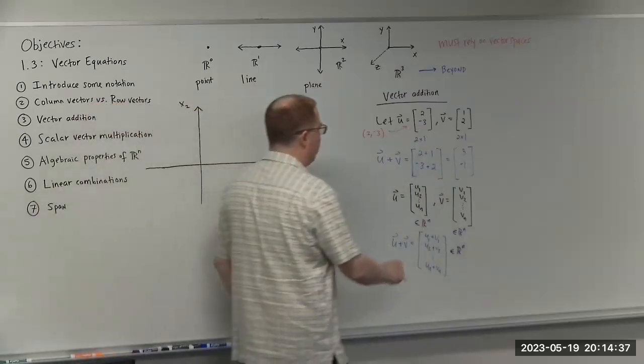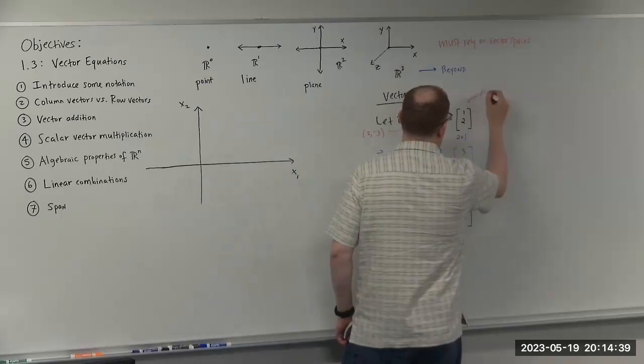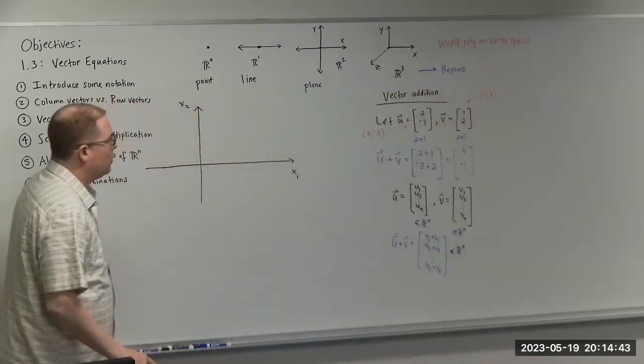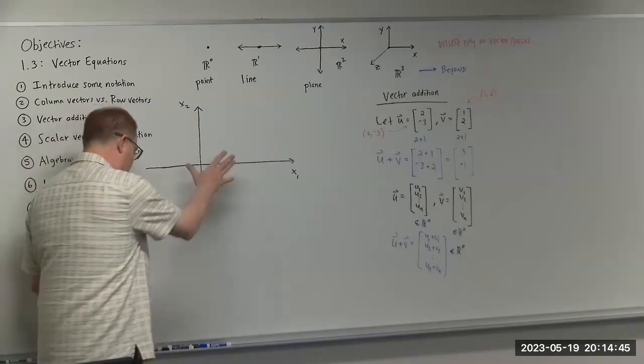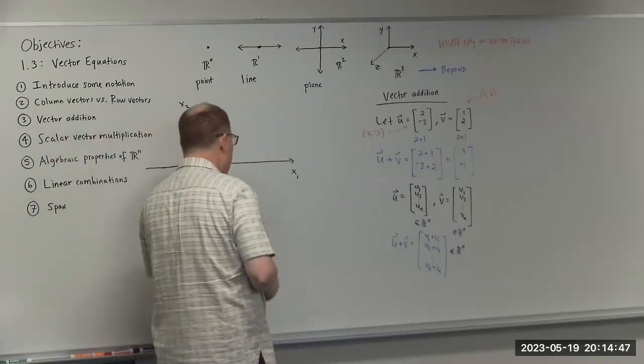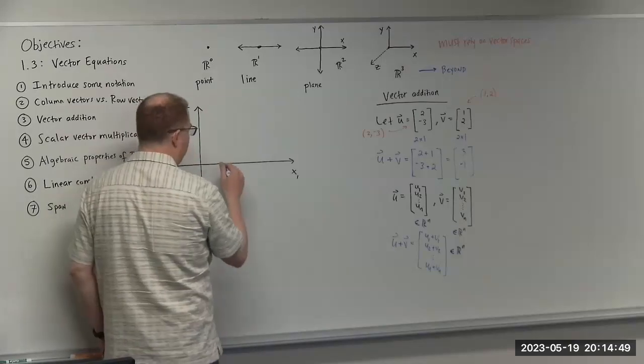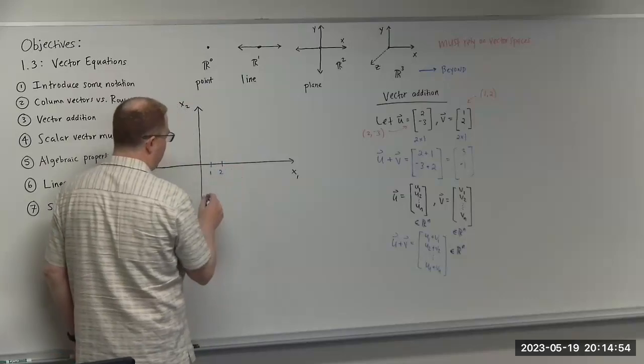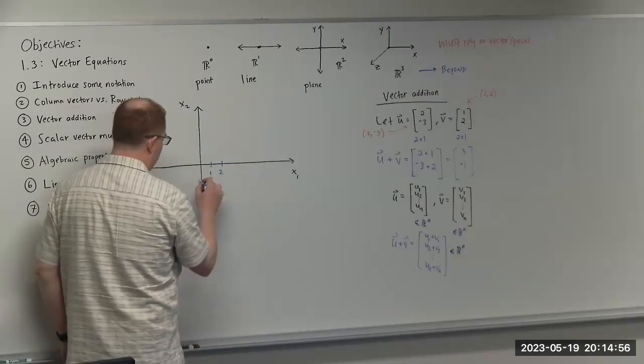And the same thing with this vector. So what we can do is go ahead and plot those on our plane. So we have 2 and -3. Sorry, we get 1, 2, and then we get -3.